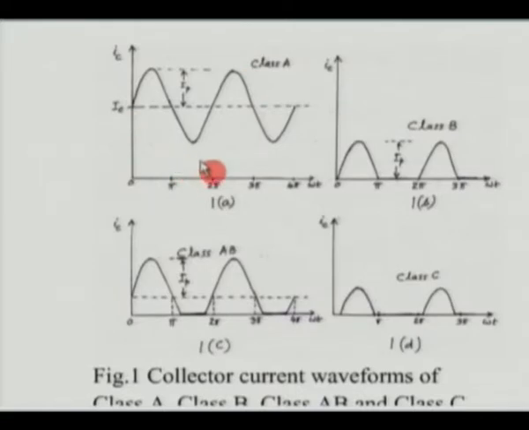In the class A amplifier, what we see here is the sinusoidal signal here, and this is the collector current.